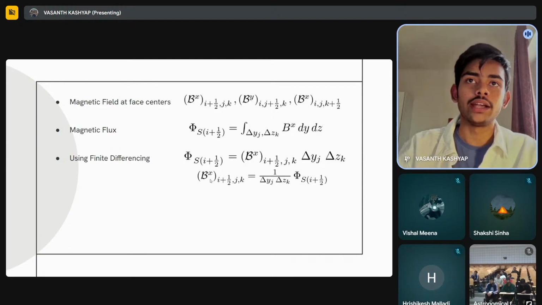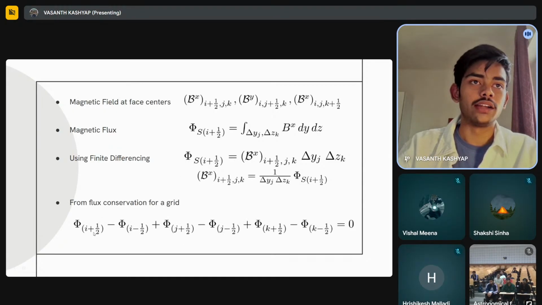You have these fluxes, and the sum of all the fluxes through all faces must be 0. So you have 6 faces, you add them all, and these should be 0. Once you solve this simple algebraic equation, you can then recalculate the magnetic field using this formula, right?